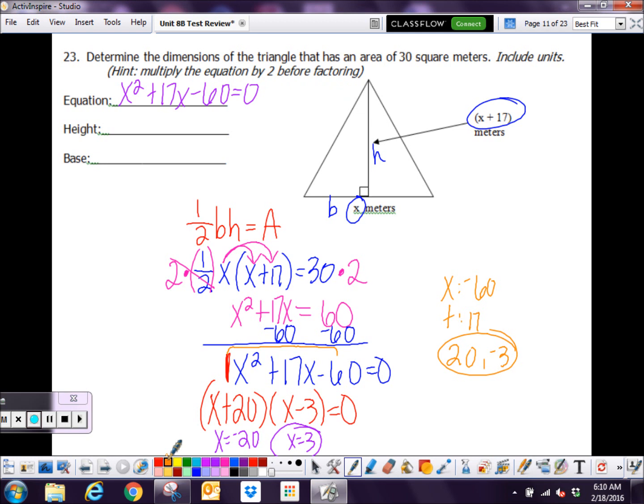You could put your original equation there if you want. We found our base because our base was x, and we just found that that was 3. And our height is 3 plus 17, which means our height is 20. And remember, you can check these. Do base times height, so 3 times 20 times a half. So 3 times 20 is 60, times a half is 30.